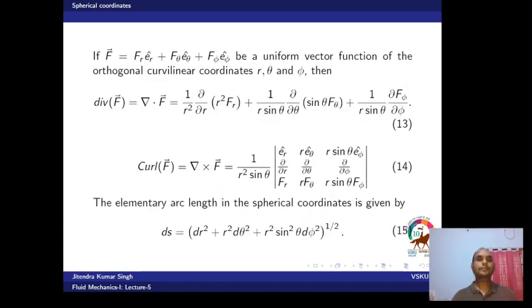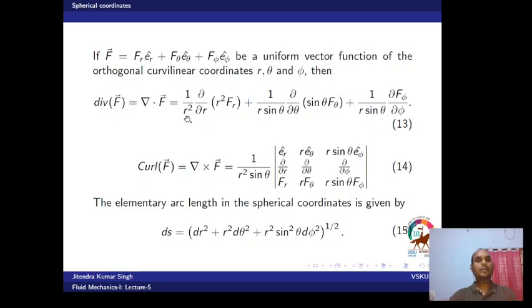Now suppose f is a vector function of the orthogonal curvilinear coordinates r, theta, phi. The divergence of a vector function in the orthogonal curvilinear coordinate system we have already derived.